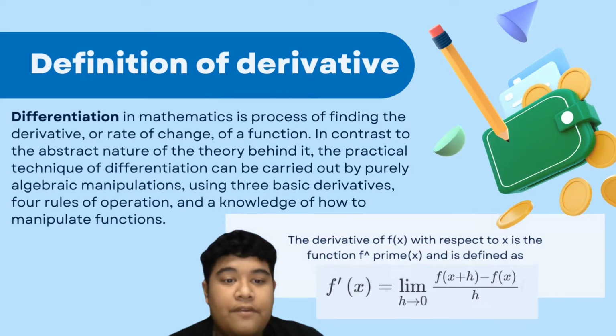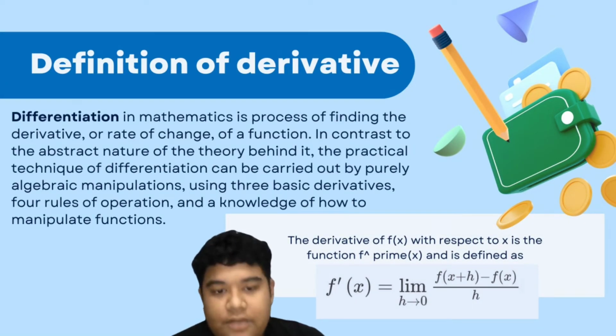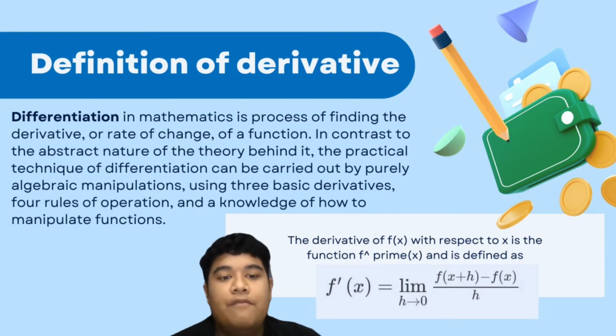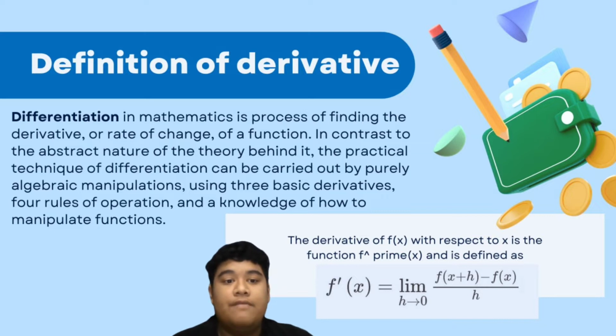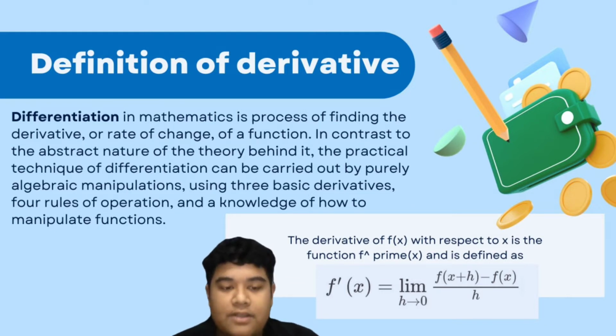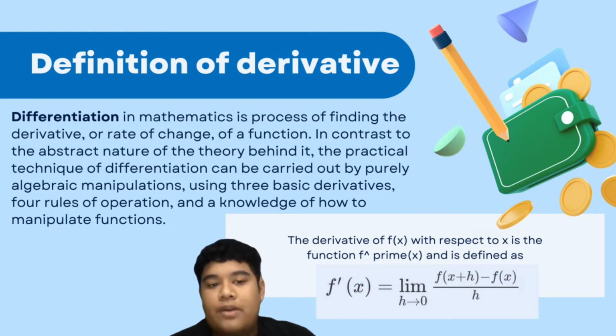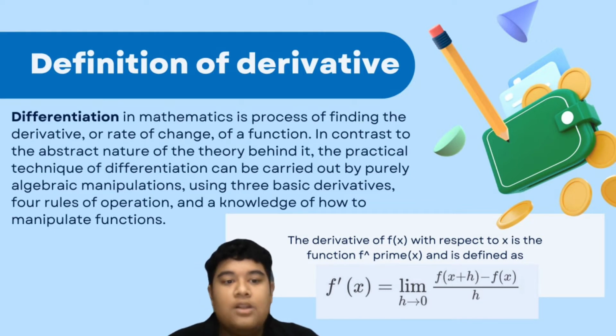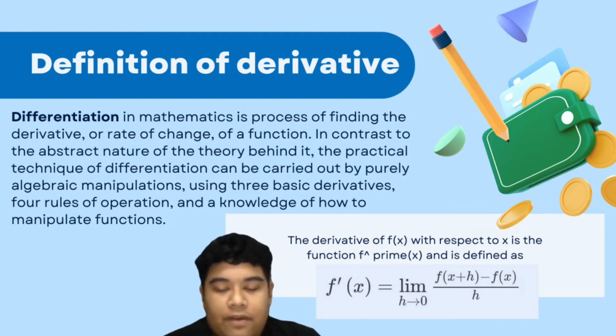So the definition of derivative. Differentiation in mathematics is a process of finding the derivative or rate of change of a function. In contrast to the abstract nature of the theory behind it, the practical technique of differentiation can be carried out by purely algebraic manipulations using three basic derivatives, four rules of operation, and the knowledge of how to manipulate functions.